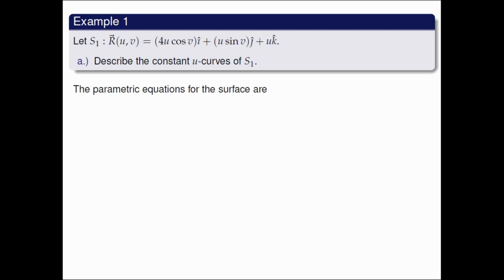The parametric equations for this surface are x equals 4u cosine v, y equals u sine v, and z equals u. To describe the constant u curves, consider natin yung case na u equals 0, tapos yung u is non-zero.